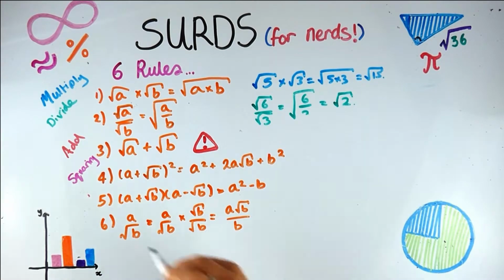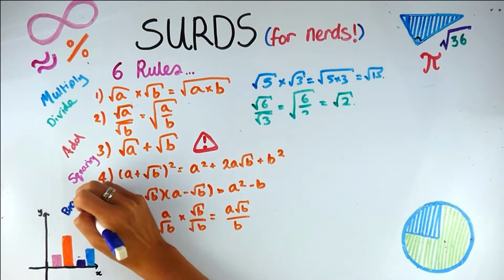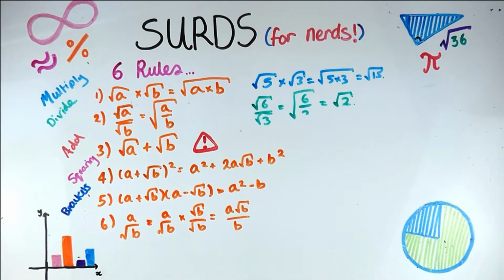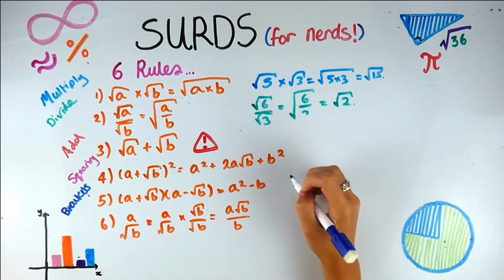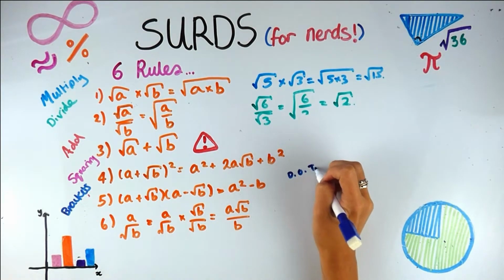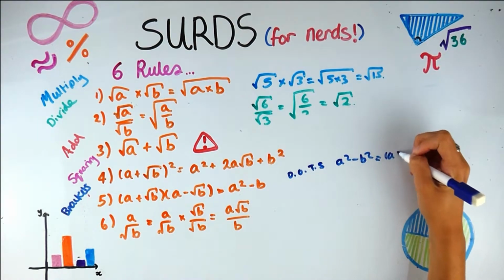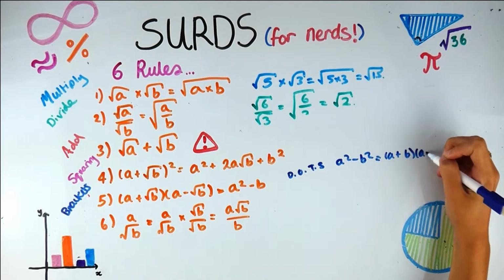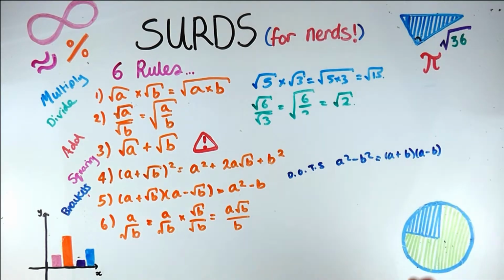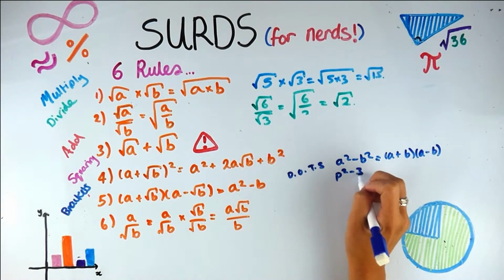Rule 5, this one I call brackets because I don't really know what else to call it. I don't know if you remember in the factorising video, but difference of 2 squares was A squared minus B squared equals A plus B, A minus B. And we also did an example in that video where we had, was it P squared minus 3?